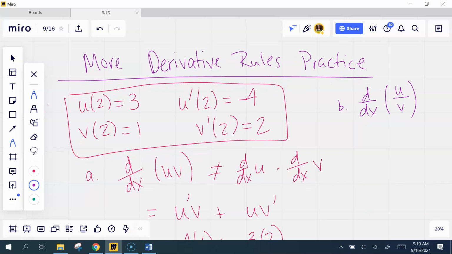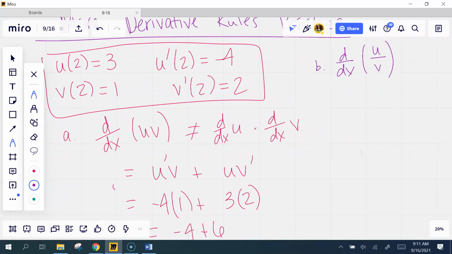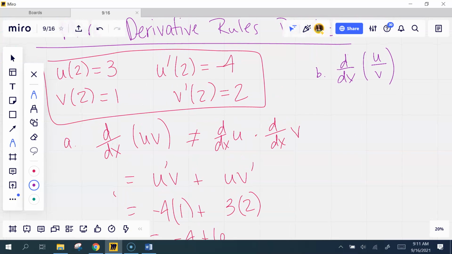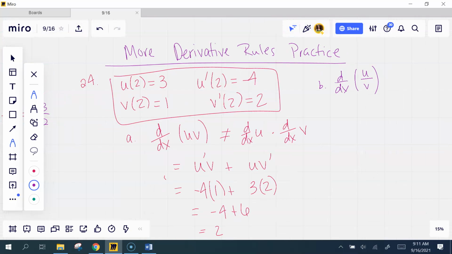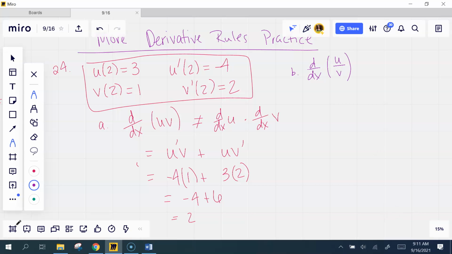It's negative. You get the right sign. It's definitely negative.